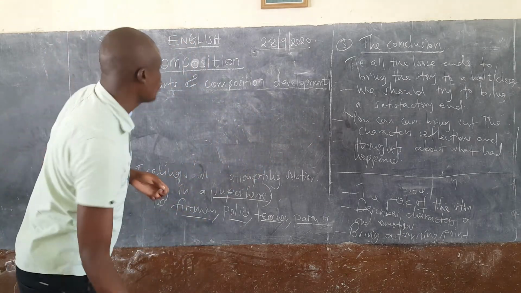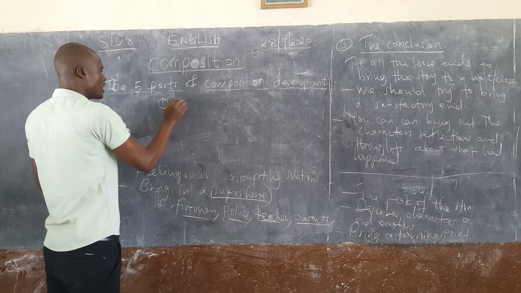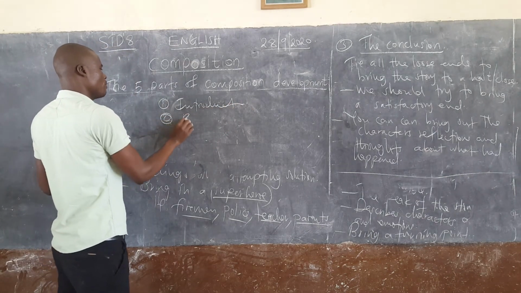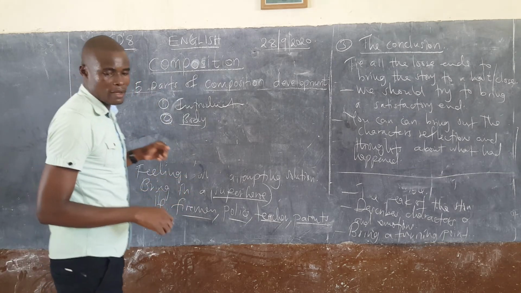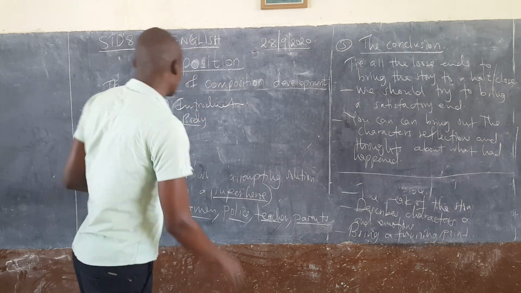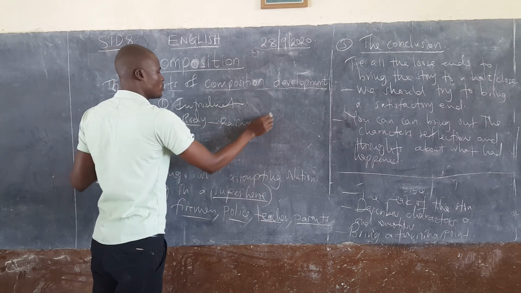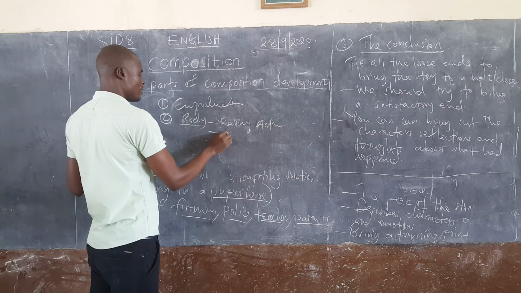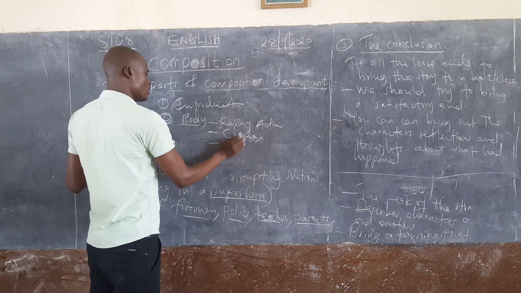We have given the five main parts of our composition development. Number one is the introduction part of our composition. Number two is the body, and the body contains the rising action, then the climax, and then finally the resolution.